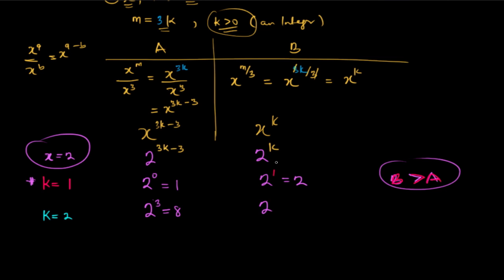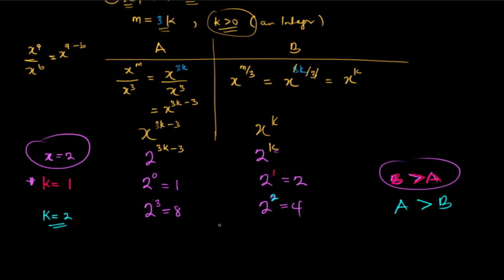And B is 2 to the power k, that is 2 to the power 2, which is equal to 4. Now this time around, 8 is greater than 4, that is, A is greater than B. So when we chose k to be 1, B is greater than A, but when we change the value of k, A is now greater than B.